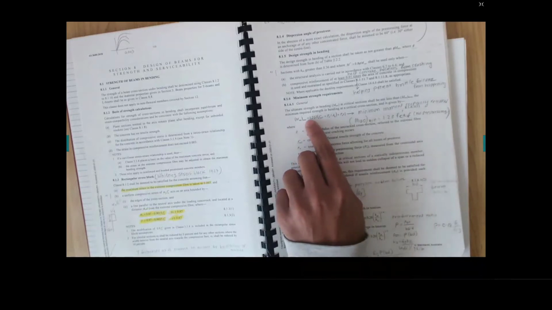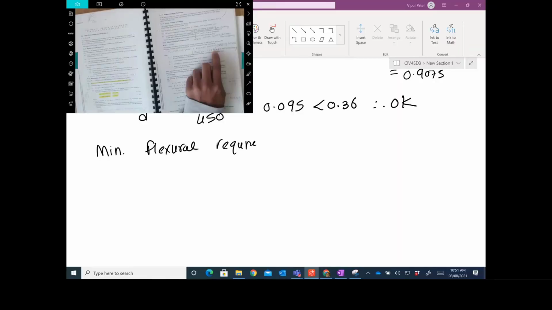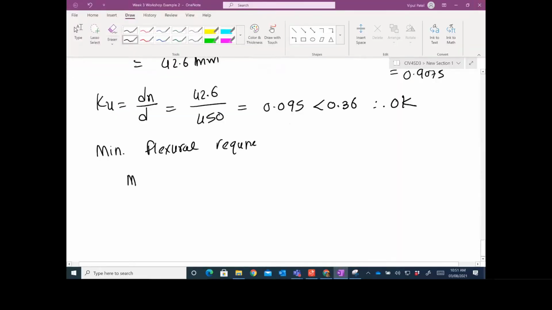So you can have this 1.2 Z FCT.F. So M crack is FCT.F Z. FCT.F is 0.6 square root FC dash, times the Z, which is BD square on 6.